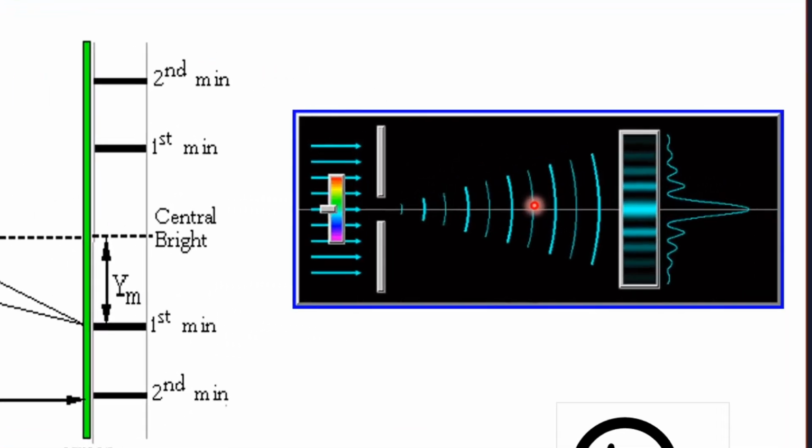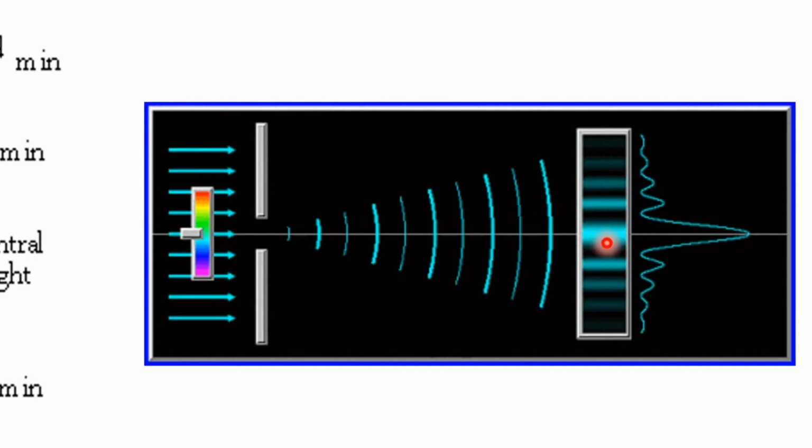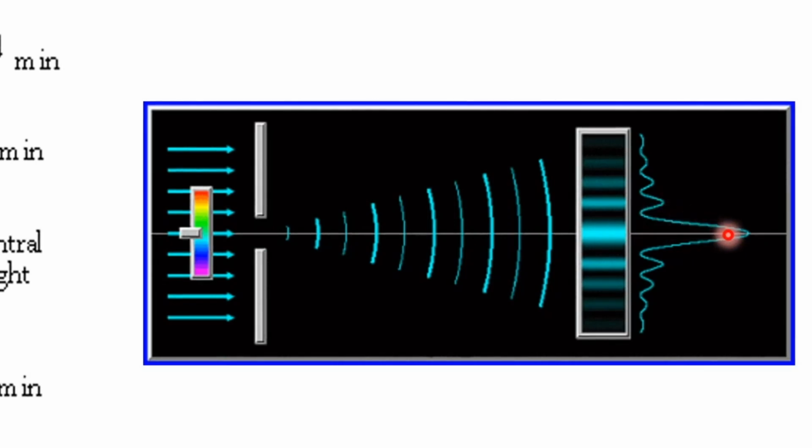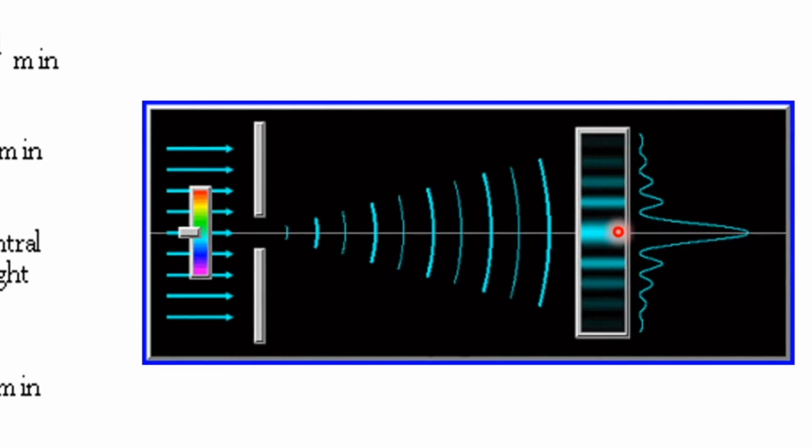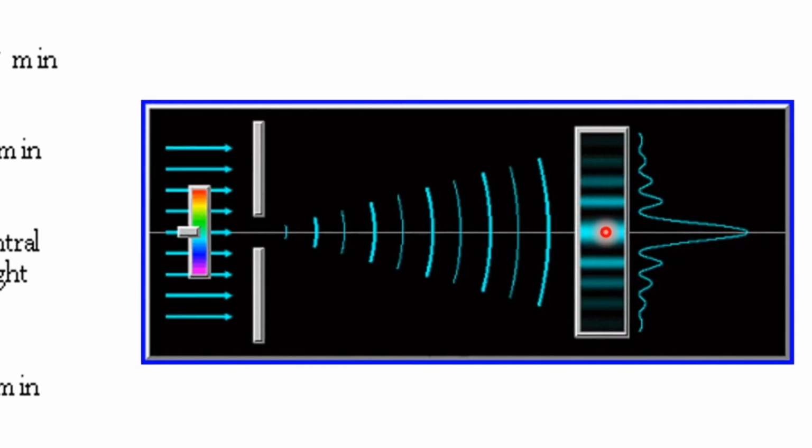Okay, so what we can see now, at the center of the pattern, we have the bright fringe with high intensity. This shows you that at the center of the interference, which we call the central bright fringe, the intensity is the highest. Okay, so the brightness of the fringe is related to the light intensity.